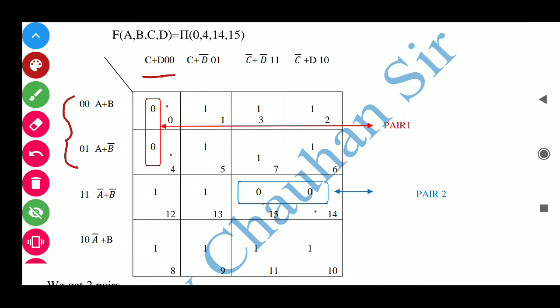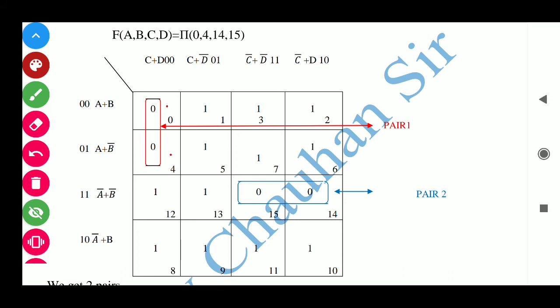In the same way in pair 2, we have to take the complete expression A naught plus B naught, and here C naught is not changing its state. So the expression will become A naught plus B naught plus C naught. Is this clear?